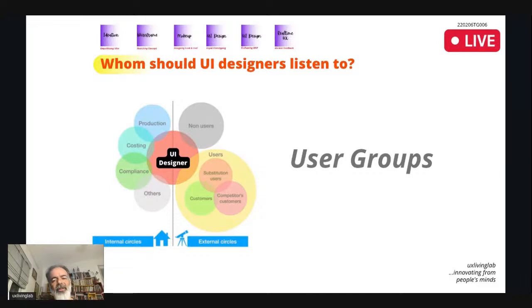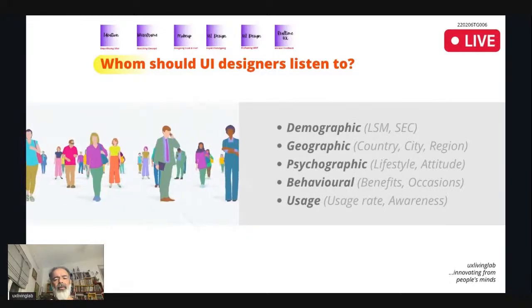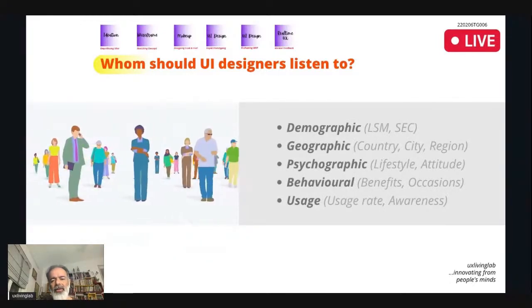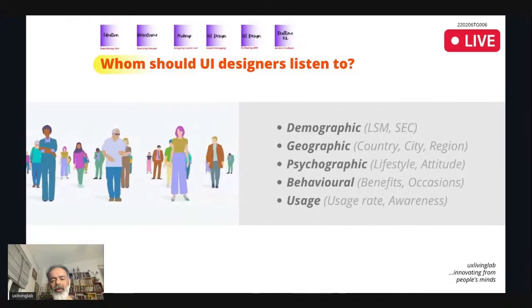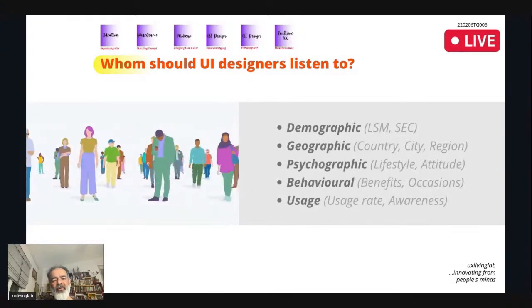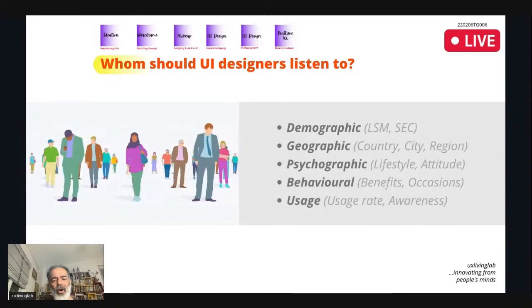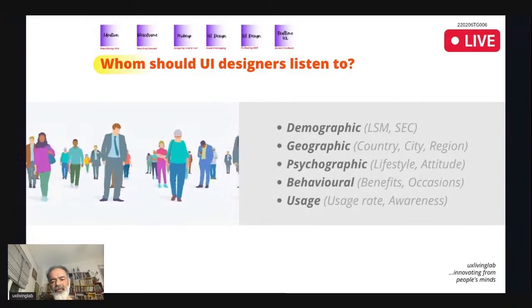So you can define these types of circles, and you can form these circles inside the organization and outside the organization. Then segment these groups, the members in each group, into different segments. How can you do the segmentation?